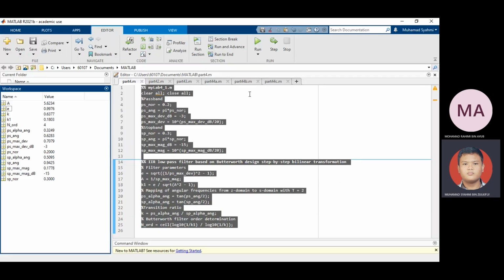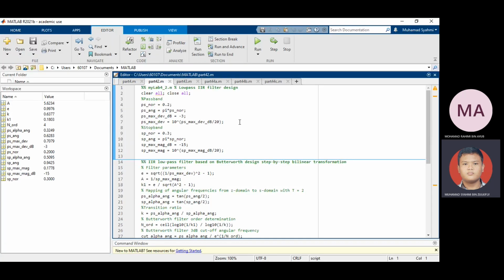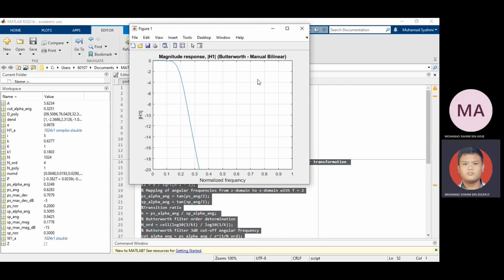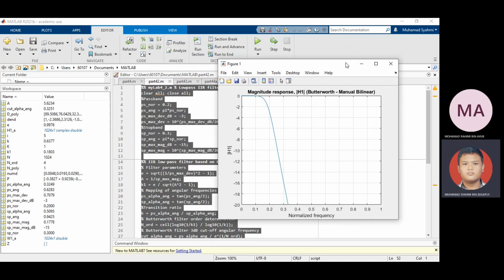And as we run the coding, it's going to show the magnitude response of the coding, using the parameters that we set.